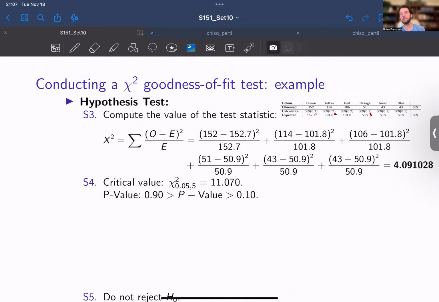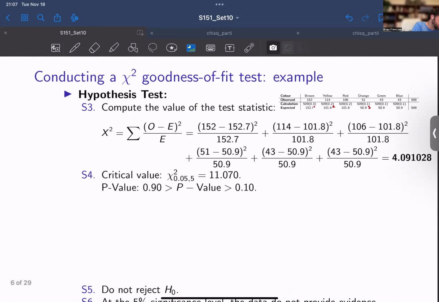Okay, so the test statistic is observed minus expected value squared divided by expected. So you can see that we have 6 different components contributing to this calculation because there are 6 different outcomes, the 6 colors. So the first value is 152 minus 152.7 squared divided by 152.7.